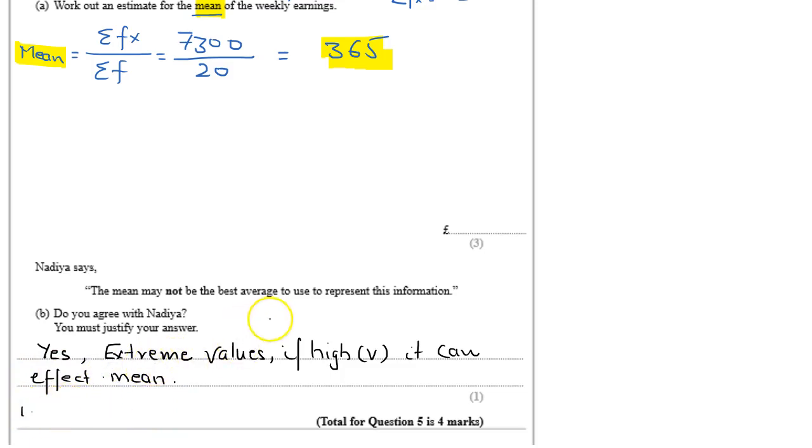You can write that outliers affecting mean. So they can affect the mean.